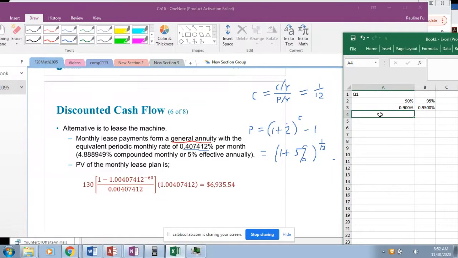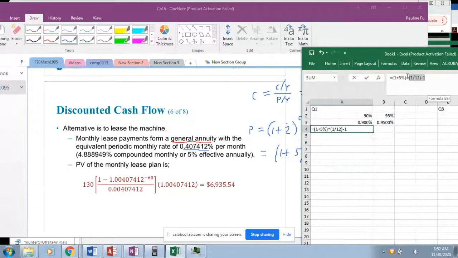So equals 1 plus 5% raised to power 1 over 12 minus 1, that is P. Okay, so 0.0047.